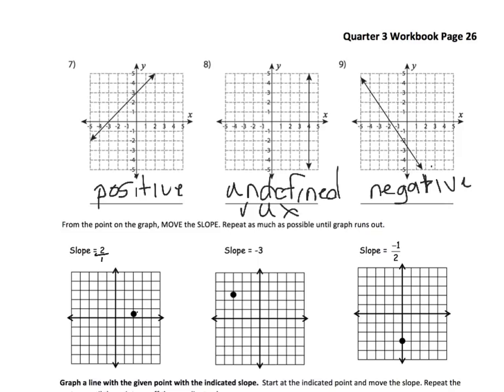Up 2, to the right 1. And then you're just going to continue the pattern, which would be left 1, down 2, left 1, down 2, and then connect your points.